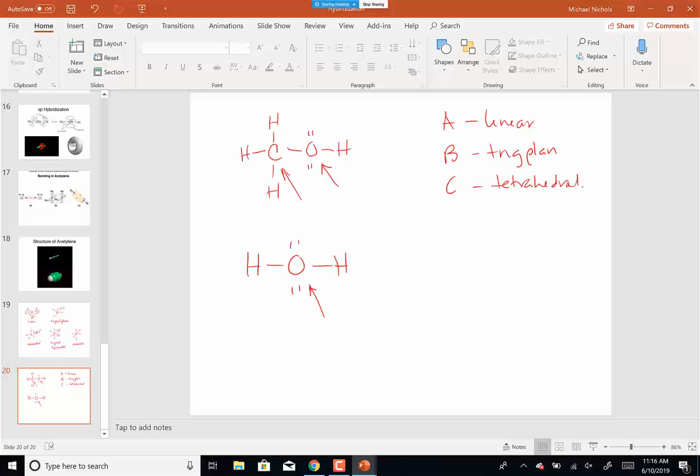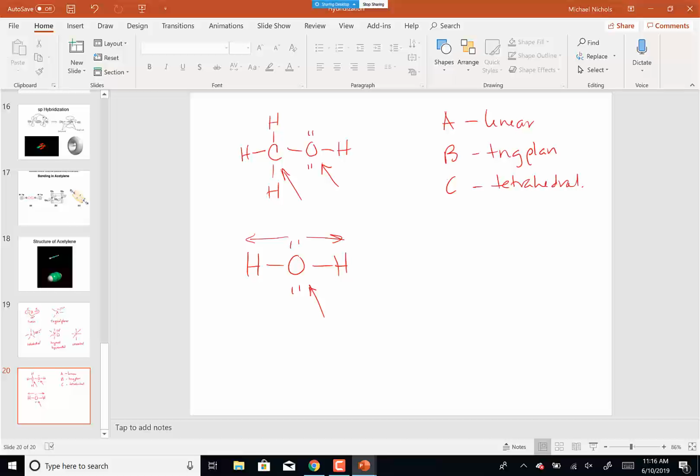Well, on tap for tomorrow is polarity and intermolecular forces. How do we know if a molecule is polar? We're going to draw a bond dipole between the atoms, and if they cancel each other out, guess what happens? The molecule's nonpolar.